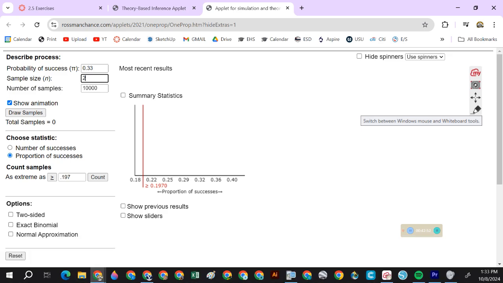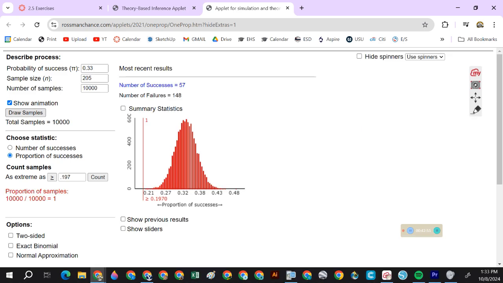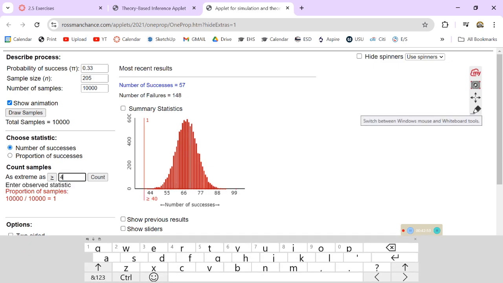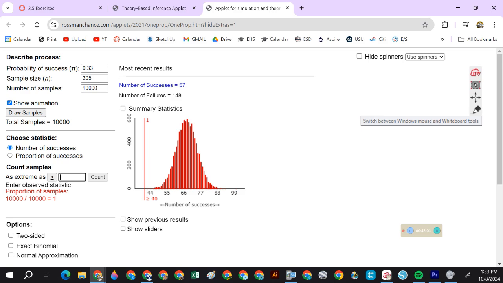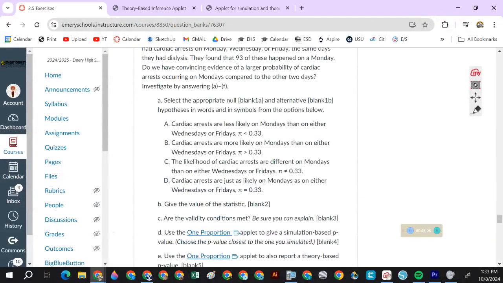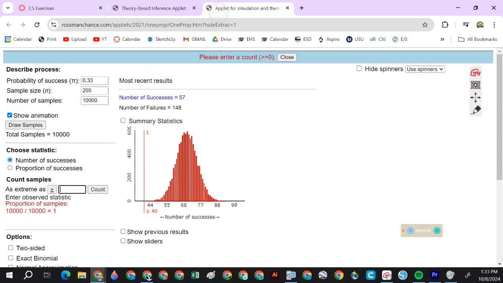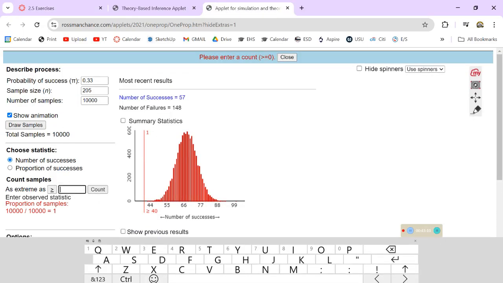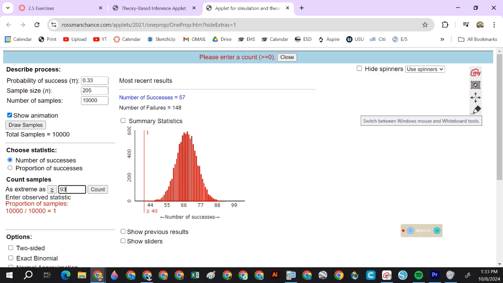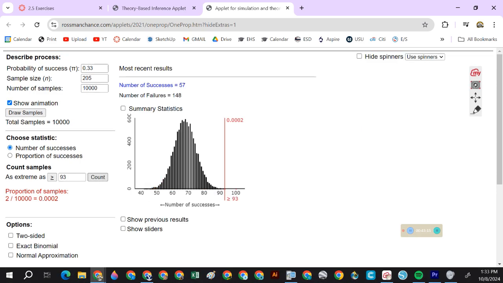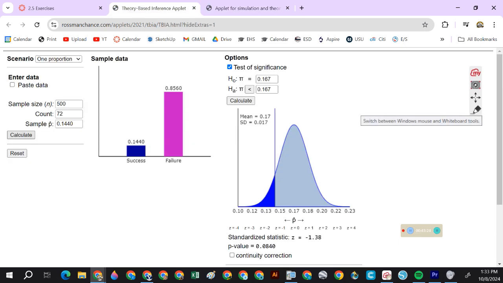So 205, draw my samples, I want greater than, and 93. So as extreme as 93, and I get a p-value of 0.02%. Pretty small.